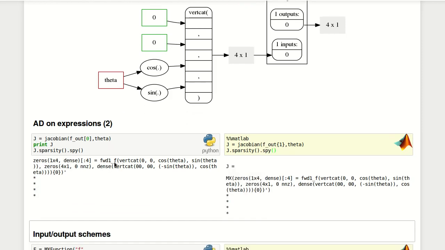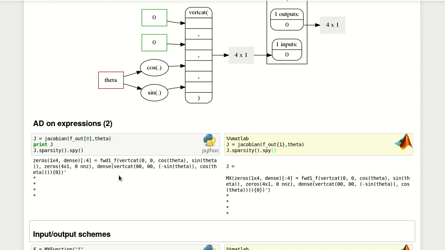Notice in the printout this guy. So f was modified in the process. Well, not modified, a new function has been created by CasADi, which does not only the original f, but also the forward sensitivity. And similar things can happen for the reverse sensitivity.